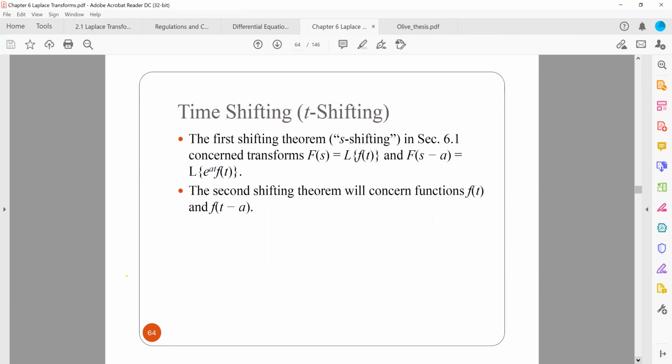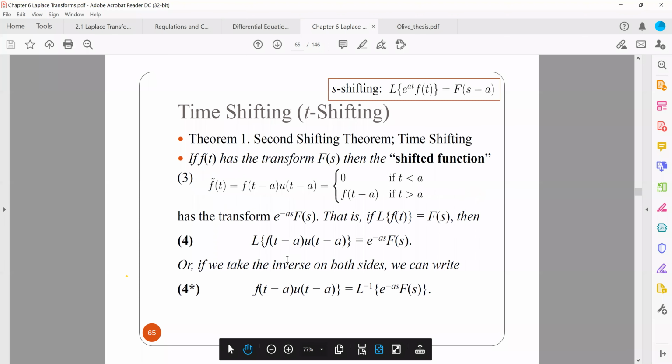This second one, again, is going to have to do with the time domain. If I have f(t), what is the Laplace transform of f(t minus a)? And so this is the second time shifting theorem.